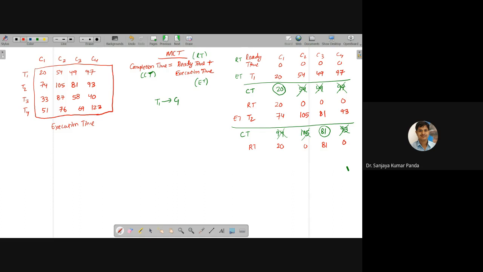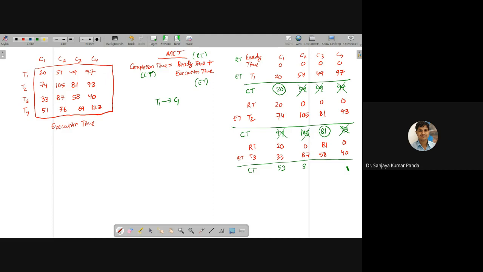Now, the execution time of T3 is 33, 87, 58, and 40. If I determine the completion time, it is 20 plus 33, which is 53.